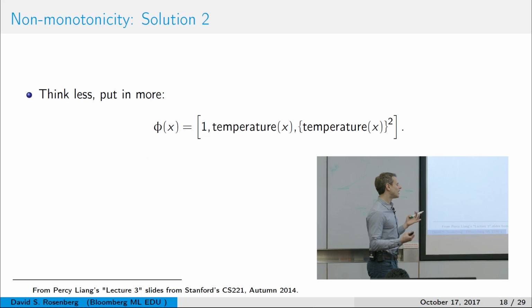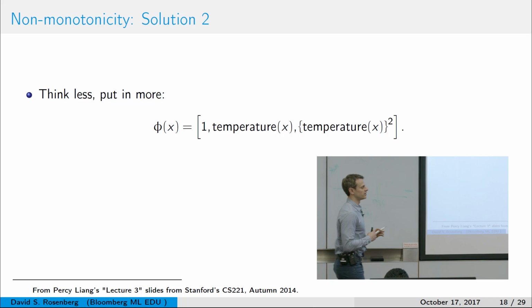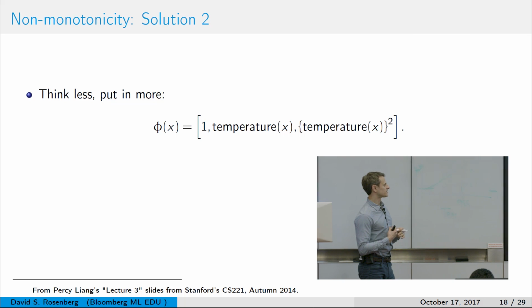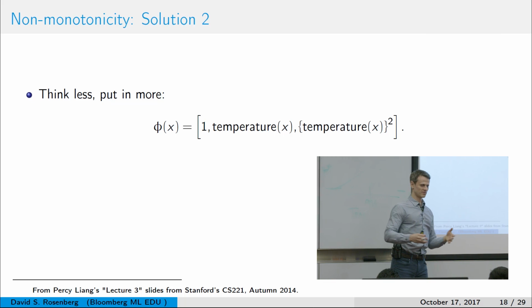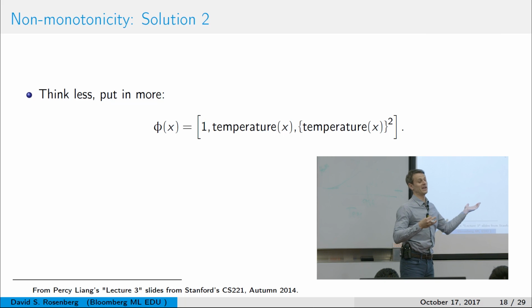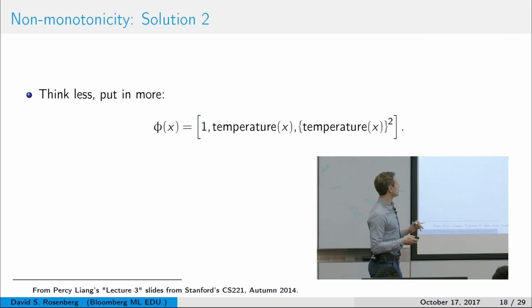And I would claim that this is preferred because it is also more flexible. You could use the same model for temperatures of different animals, for instance. The point is it's more flexible and easier to use this feature set.